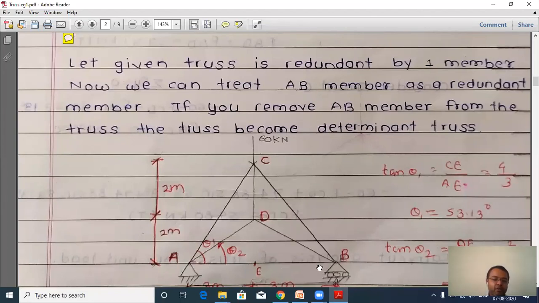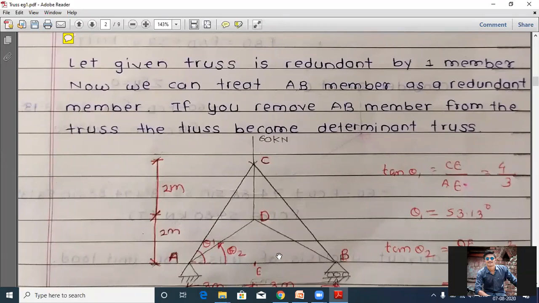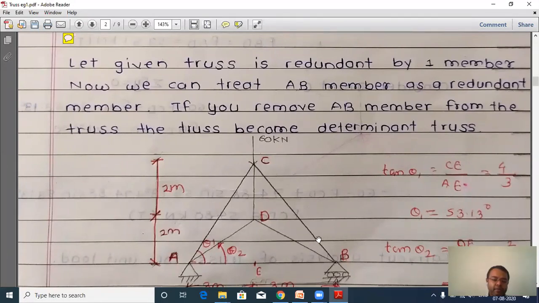Because of the removal of member AB, the structure is now a determinate truss. Of course, a determinate truss you can solve easily. There is no problem. To solve a determinate truss, we apply the joint method or section method. By any method you can solve this example.